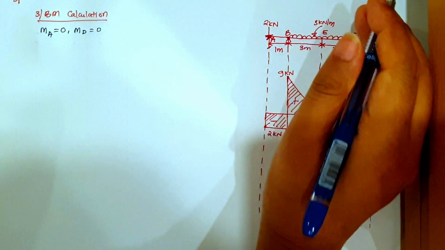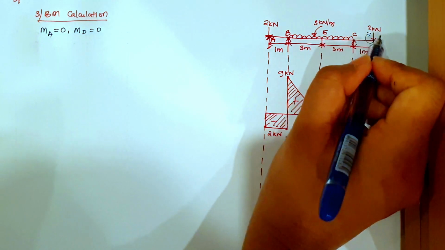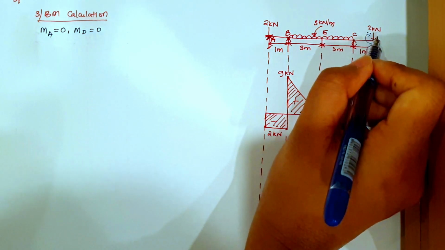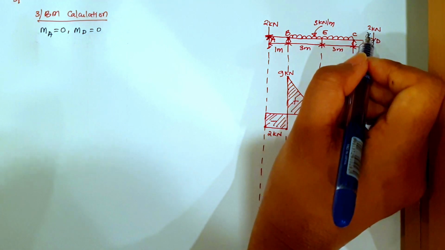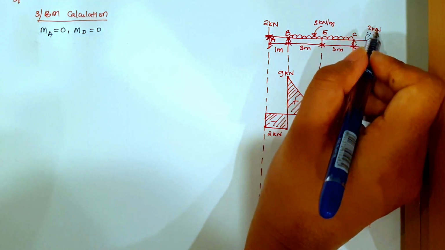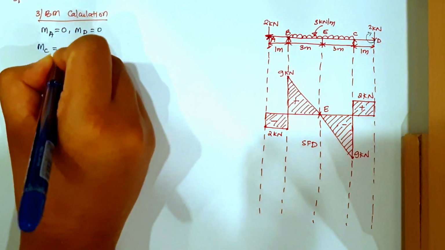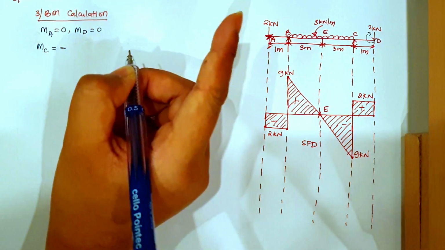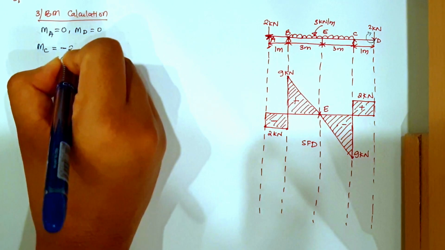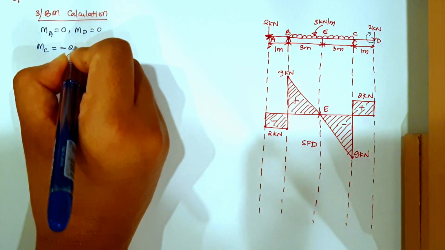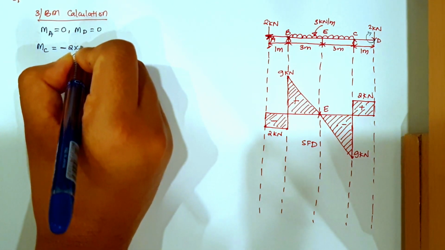This is my right hand side portion, so I'm going in this direction, and in a cantilever beam when we go in this direction, clockwise direction is negative. So moment at C is equal to minus, clockwise direction is minus in cantilever, so -2 into the distance, which is 1.